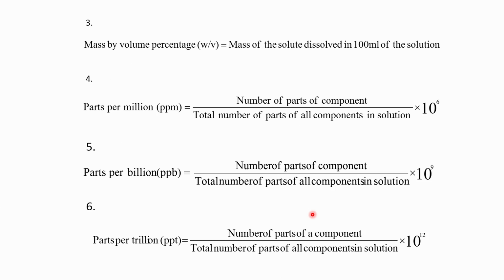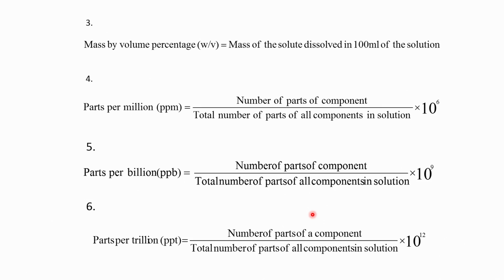So, 1 ppb, parts per billion, is 1 nanogram per ml of the solution. So, we also have parts per trillion, ppt. We express many of our pollutants in these terms. Number of parts of a component divided by total number of parts of all components multiplied by 10 raised to 12.